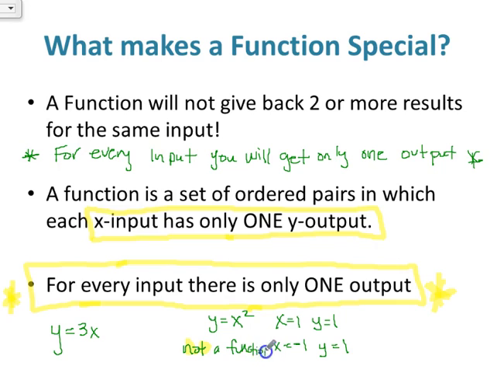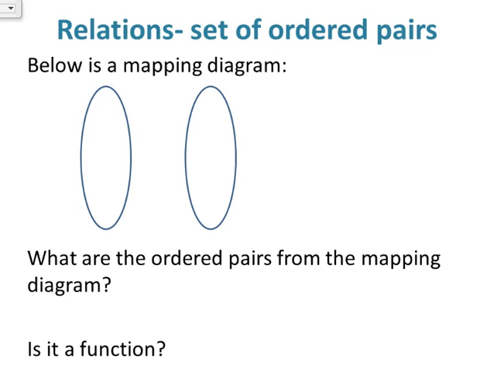So that was just an example of where you could have the same output for different inputs. Alrighty, so last week you looked at relations. I just wanted to review this to make sure that everybody understood this concept of relations. It's a different way of writing out a set of ordered pairs. So remember, a set of ordered pairs like your x and your y's. An ordered pair is like 1, -3.